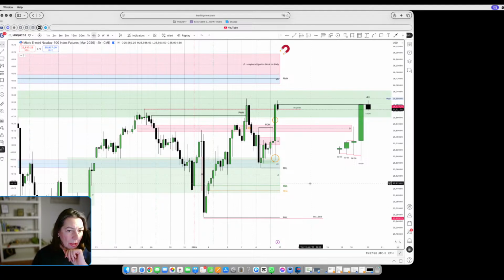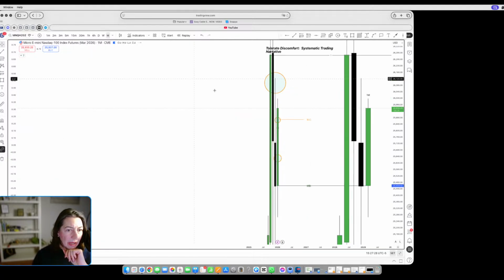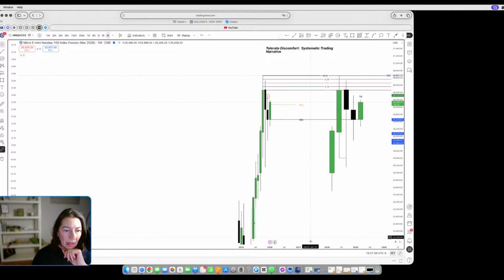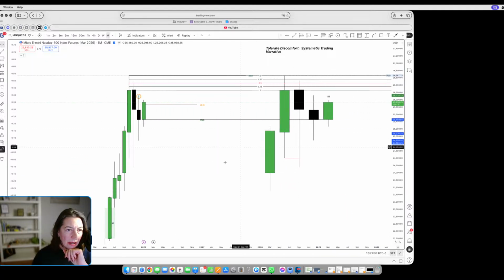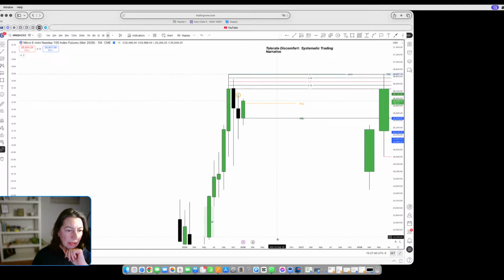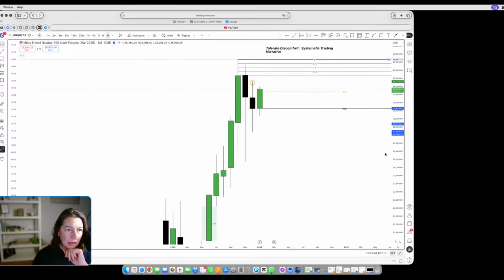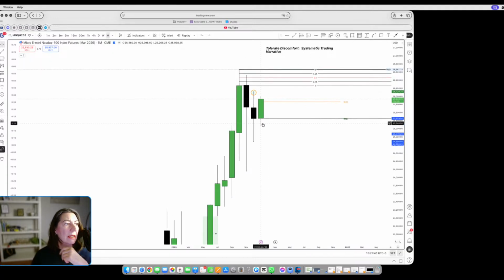Okay, so let's go to the monthly. On the monthly, again, don't worry so much about these candles over here. You can grab them as a free indicator, which I use the 4-hour extensively.